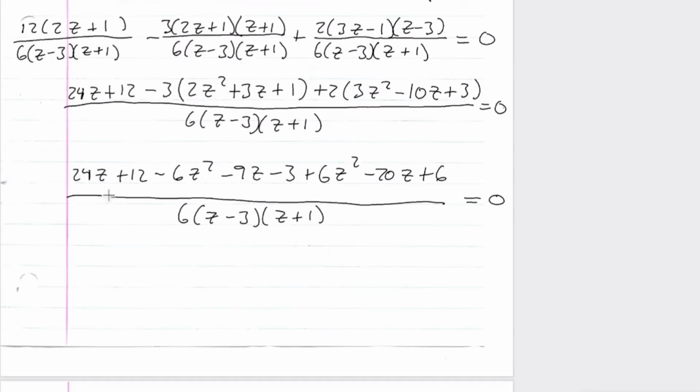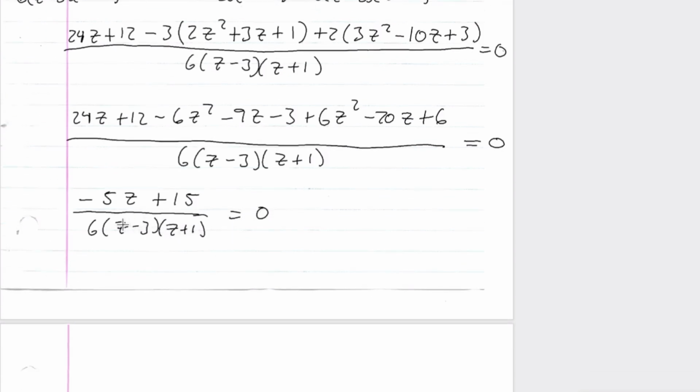And now let's see, negative 6z squared and 6z squared, that turns to 0. 24z minus 9z is 15z. 15z minus 20z is negative 5z. 12 minus 3 is 9. 9 plus 6 is 15 over the 6 times z minus 3 times z plus 1 is equal to 0.